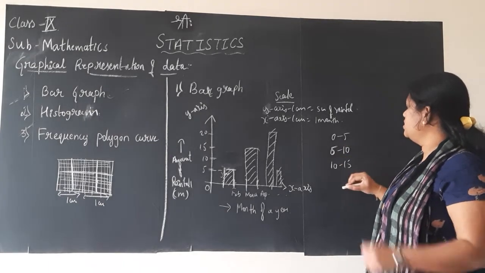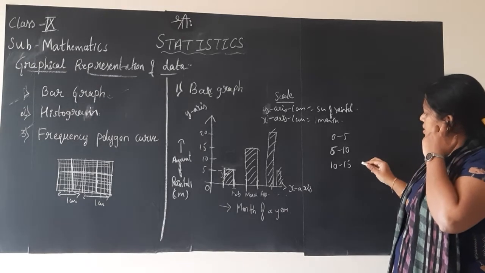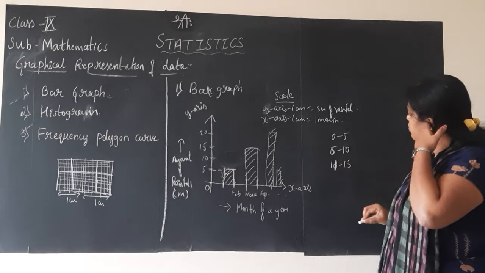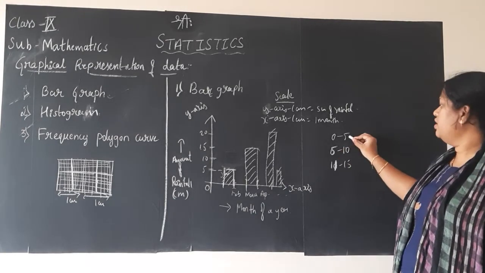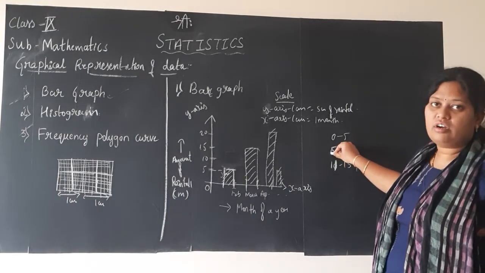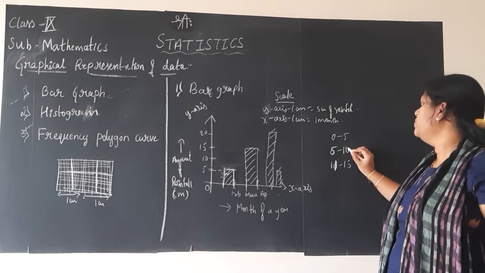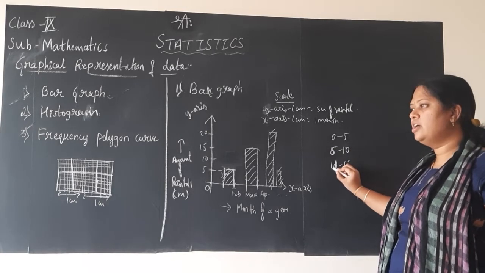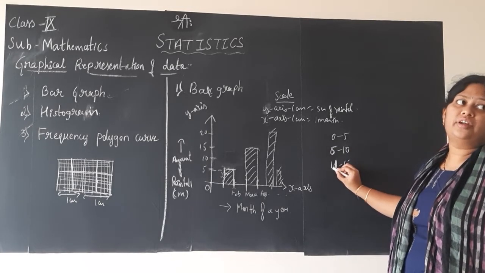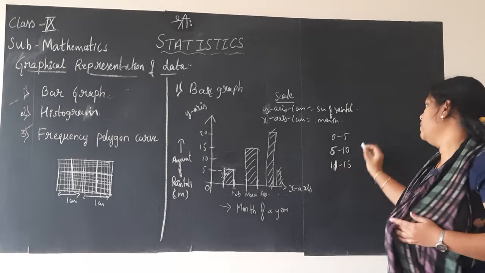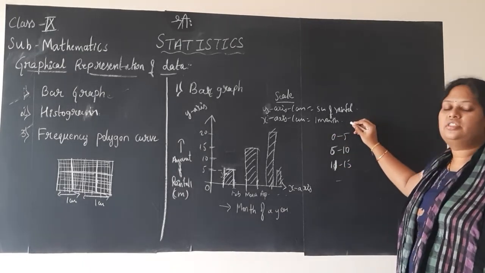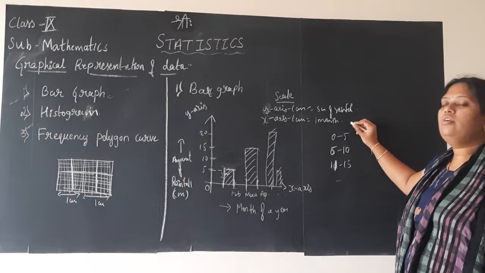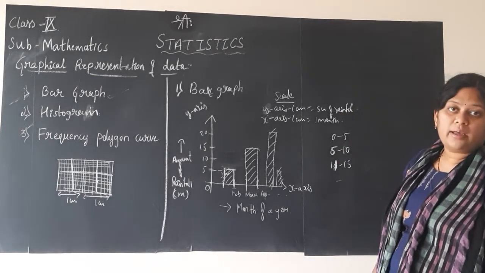What we will do is, if the data was 6 to 10, 11 to 15, children, this is not continuous. 5 and 5, it is called a continuous distribution of data. If you had 10 here only, then it is continuous distribution. But after 10 we are getting 11. So we should first make this a continuous distribution of data. Then only we can plot the histogram.